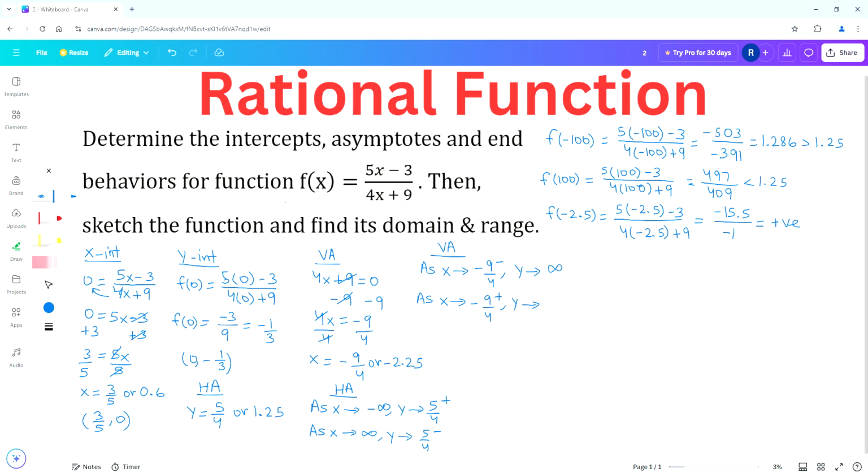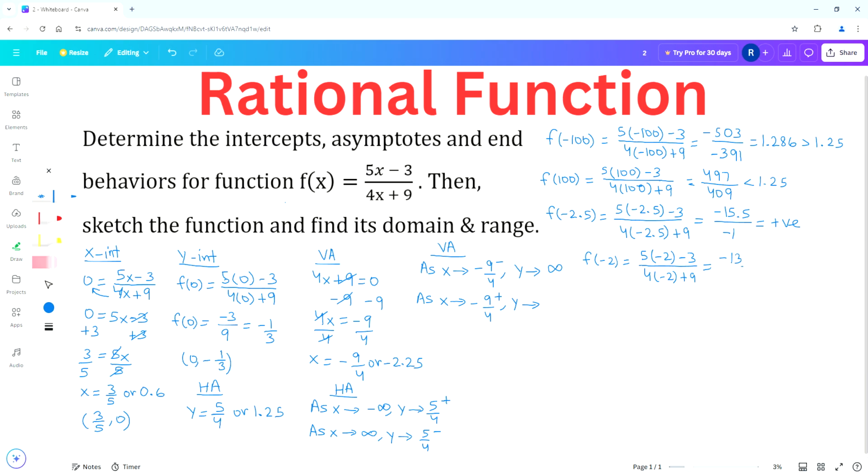Next, we can do the check for the right side of the vertical asymptote. We can use the x value negative 2. The value of the expression in the numerator is negative 13.